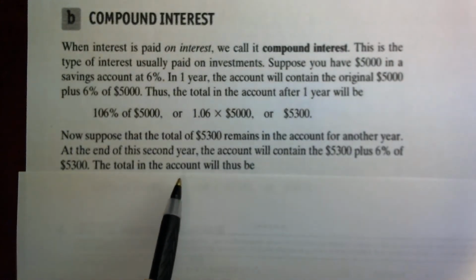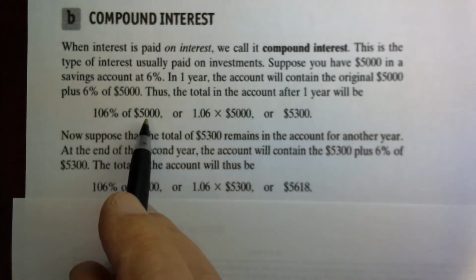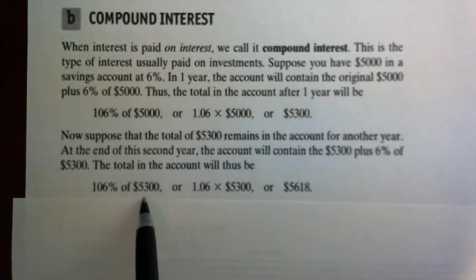In other words, the total in the account will be 1.06 times 5,300, or $5,618. In other words, we now compute 106% of 5,300 instead of 5,000, because the interest is included now in the new principal.